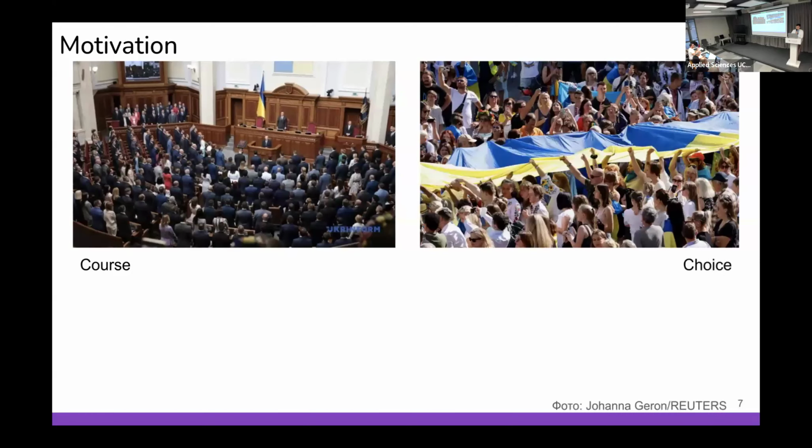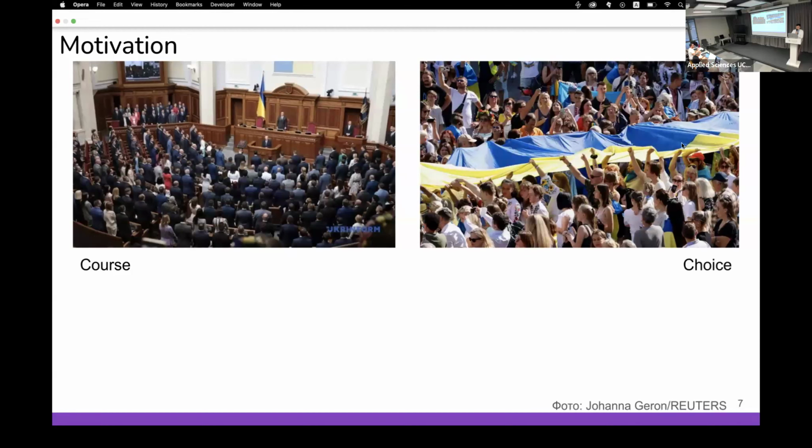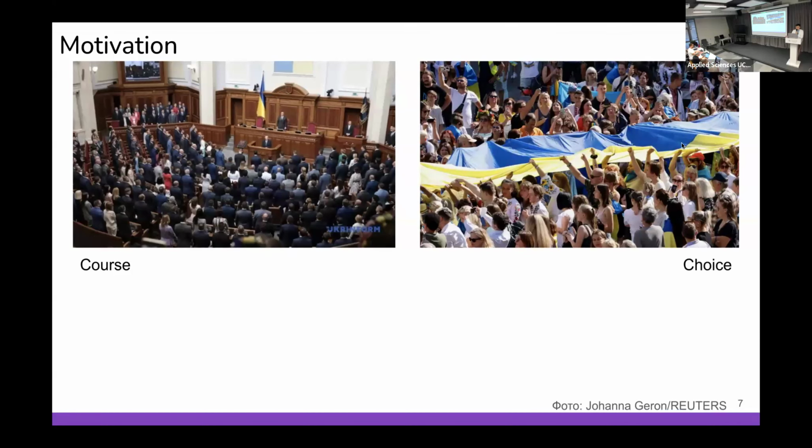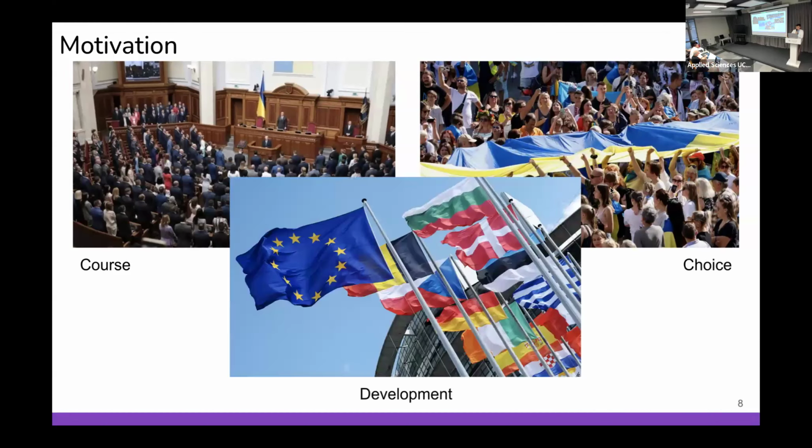Another part is choice, because voters need to understand some long-term problems, and it will have an impact on their future choice of the next politicians. And finally, development. Our international partners want to know how we are developing. Are we resolving long-term issues, these problems, or not? Because if we can show that we are good at it, then we can build a good international relationship.